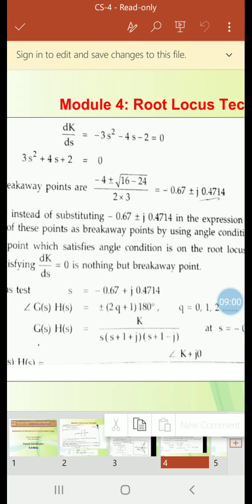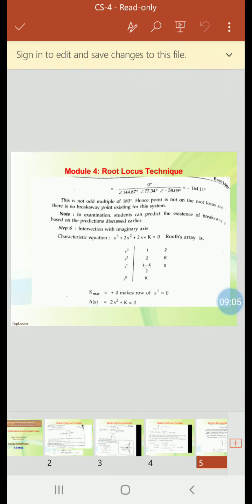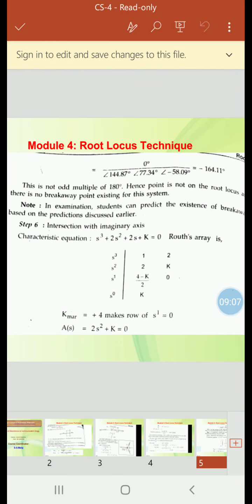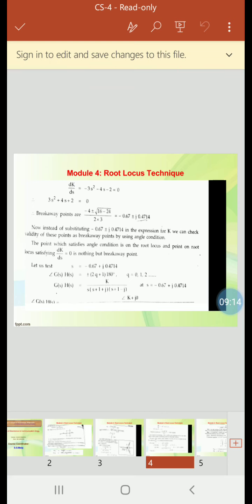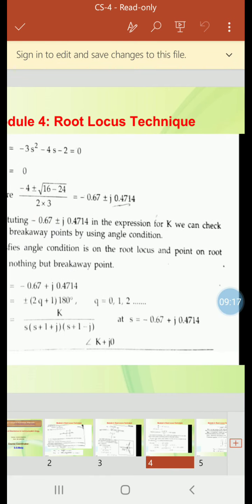So the angle of G(s)H(s) is equal to the angle of K plus j0 divided by the angle of s, times the angle of s plus 1 plus j, times the angle of s plus 1 minus j, with s substituted.